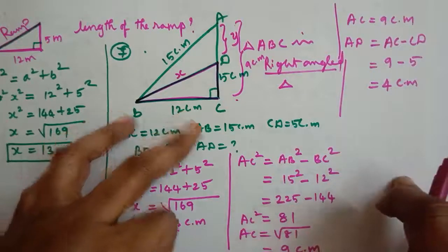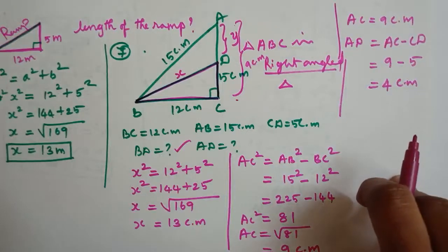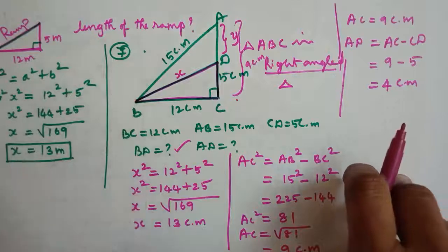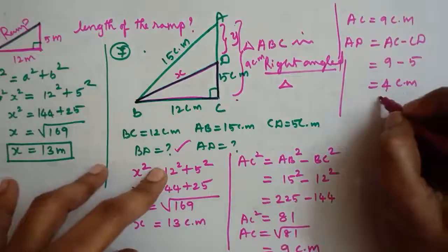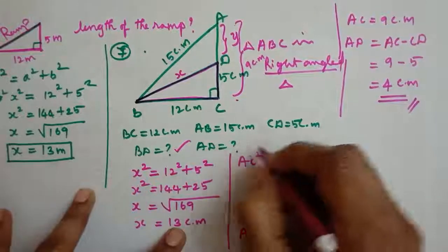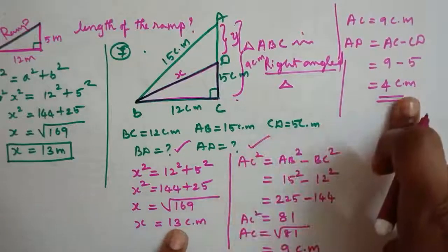Here meter or centimeter? Centimeter, very good. All lengths are in centimeter. So the answer is 4 centimeter. Is it clear, students? BD is equal to 13 centimeter and AD is equal to 4 centimeter. Is it clear? Good.